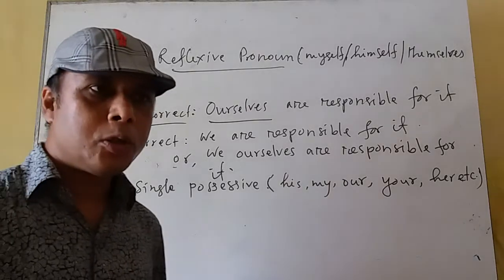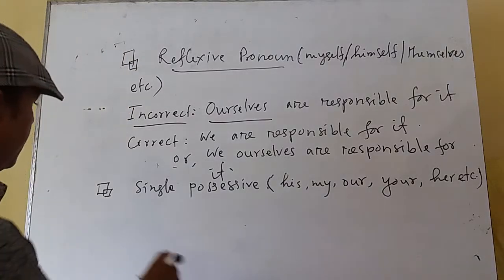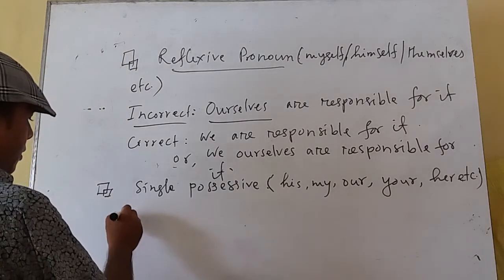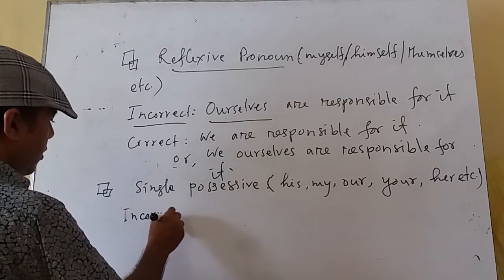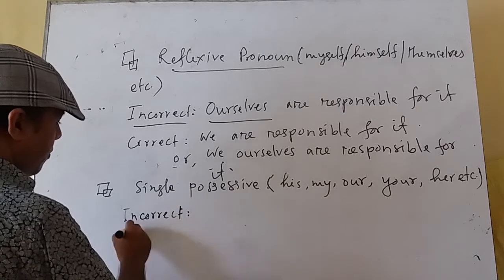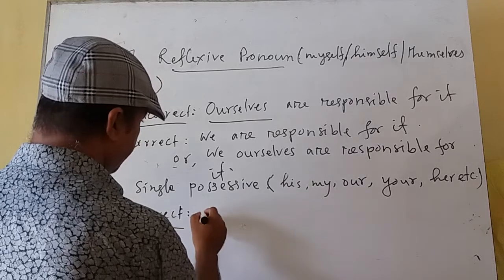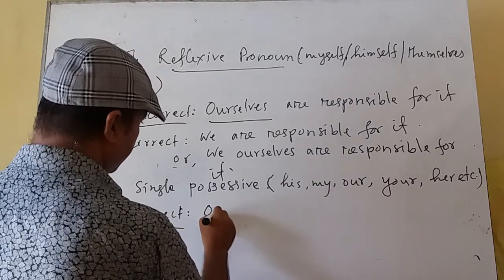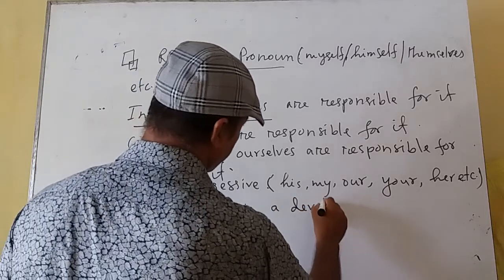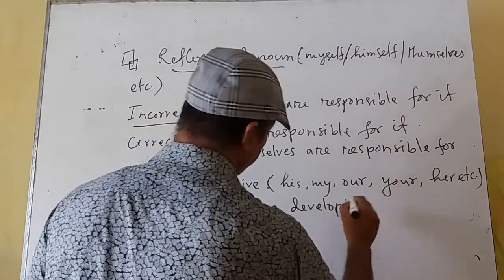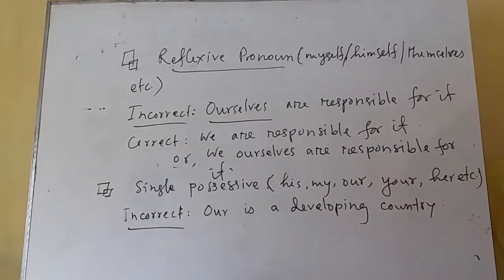And how will we correct them? Example, incorrect: Our is a developing country.